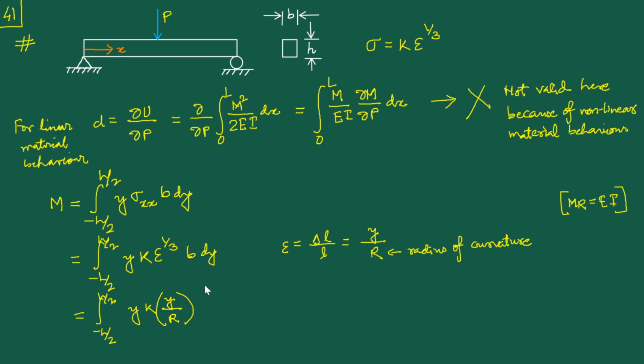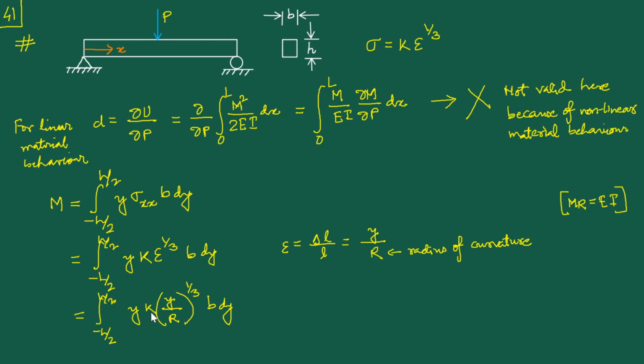If you don't recall it, I suggest that you go back to your undergraduate textbook, and you will find the discussion in the chapter on bending, or maybe even in the chapter on flexural stresses or bending stresses. So we have this 1/3 over here, like that.